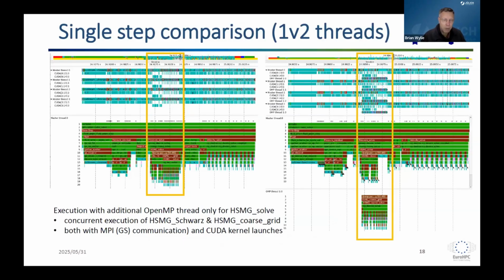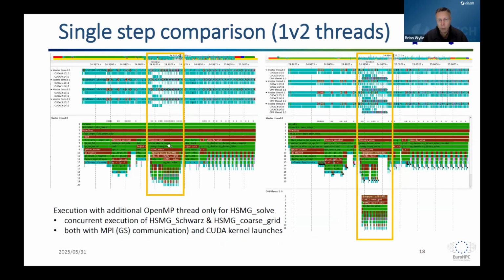As I said, the application can execute with two threads because there are two parts to the solver. Those two threads are only ever used within the pressure solve. So we only see on the right-hand side two different threads being used.